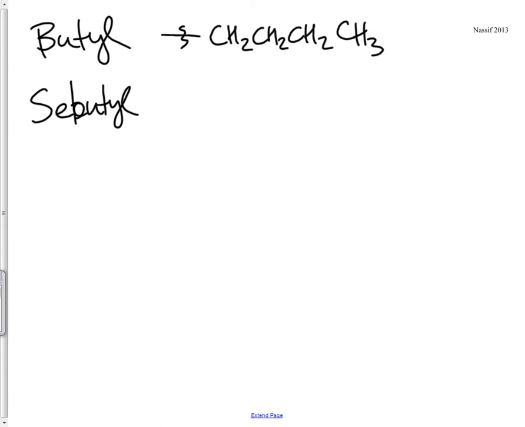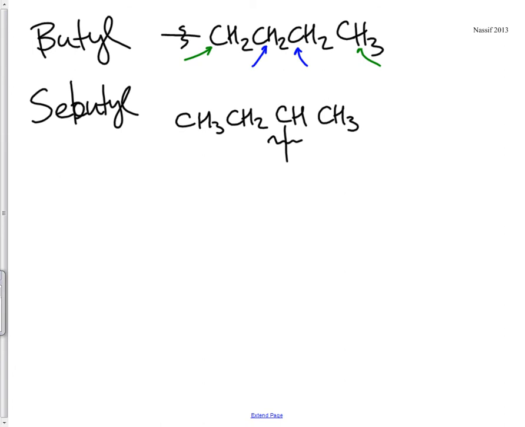Now, remember from before, if we attach the butyl group at carbon 1 or carbon 4, it's the same thing. So for sec-butyl, we can only have one more spot of attachment. It's here or here. Not going to make a difference. So for sec-butyl, we have CH3, CH2, CH, CH3. And then the attachment falls onto this carbon.